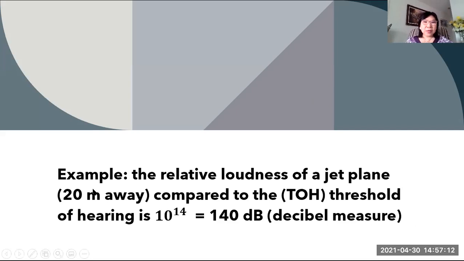Next, I would like to show you an example. The relative loudness of a jet plane 20 meters away, compared to the threshold of hearing, is about 10 to the power 14, and that is equivalent to 140 decibel measurement.